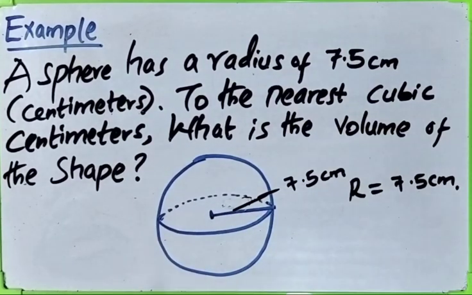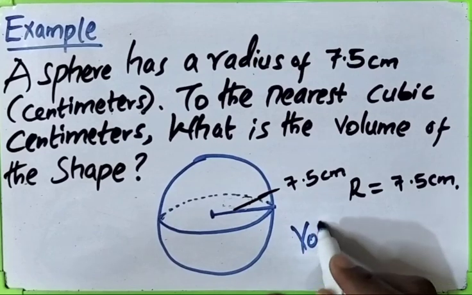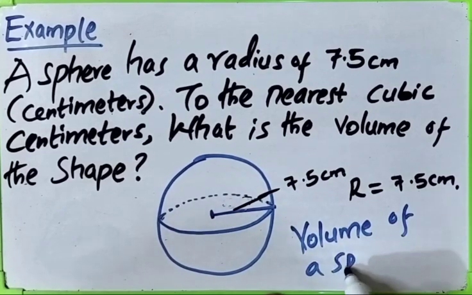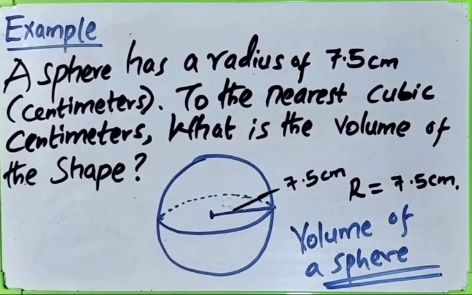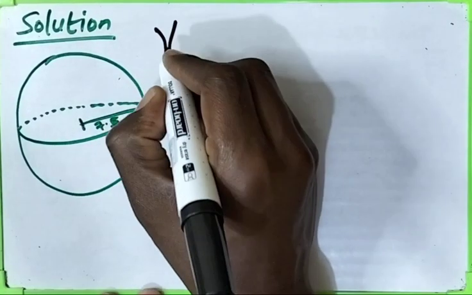One thing is we need to understand the formula for calculating the volume of a sphere. So let us solve it, but as we start solving it, master this formula I'm going to give you. Solution: the volume of a sphere is given by this formula.